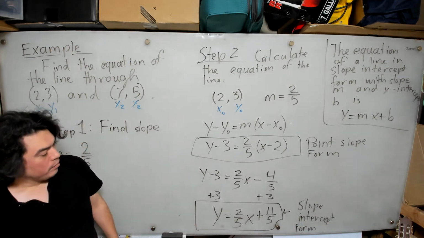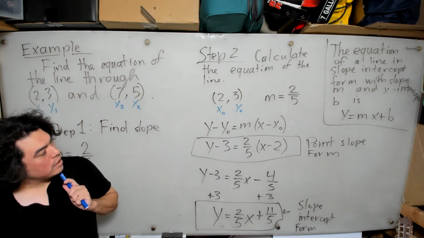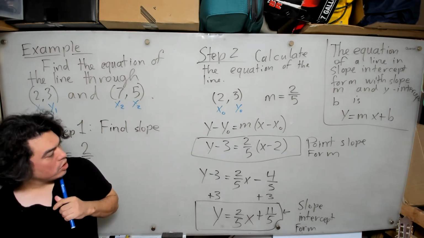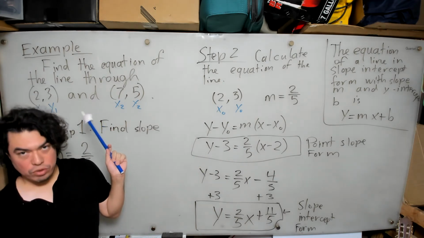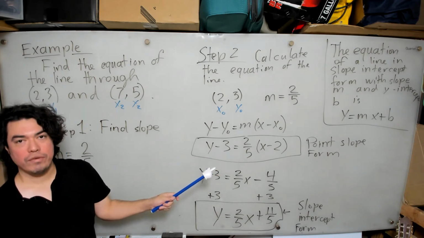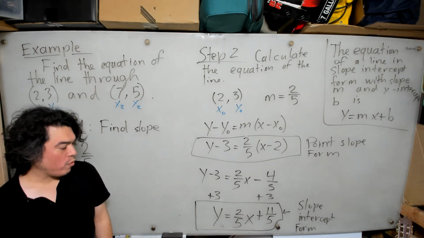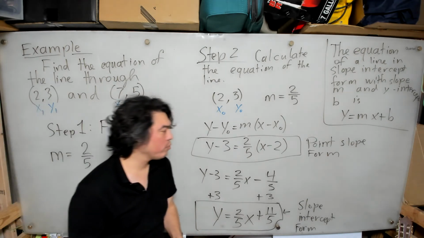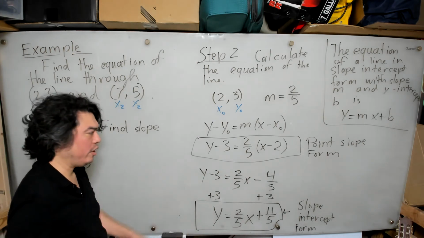And now, let me see what else we're going to do. Oh yes, since it said find the equation of the line through the 2 points that were given, we could have stopped right here because we already got an equation of the line. With a little bit of algebraic manipulation, we got the slope-intercept form. So again, getting this slope-intercept form was not necessary.